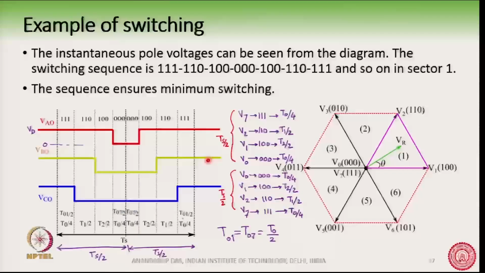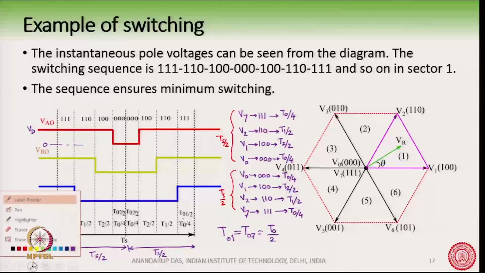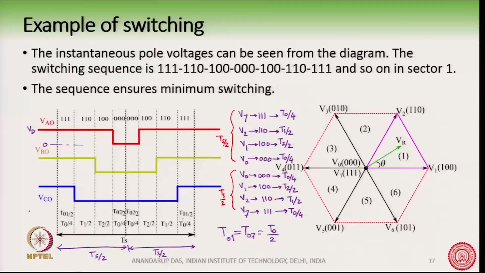Okay. So, when you say that this was the timing durations to realize the vector Vr, this was the vector which we want to realize. In the next time interval we can realize a reference vector here, in the subsequent here like this.